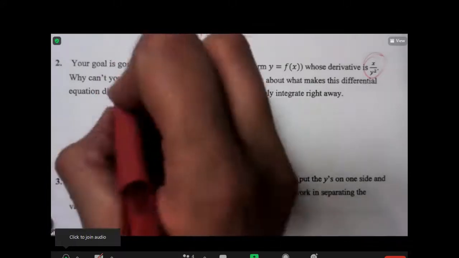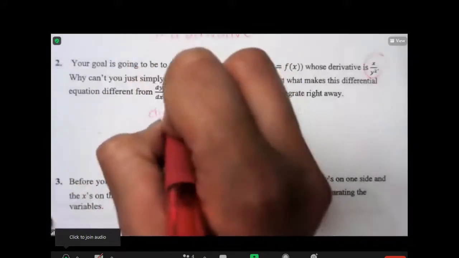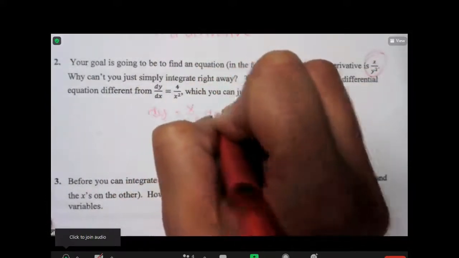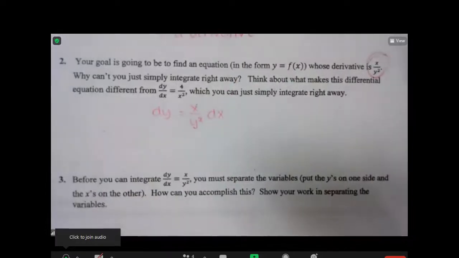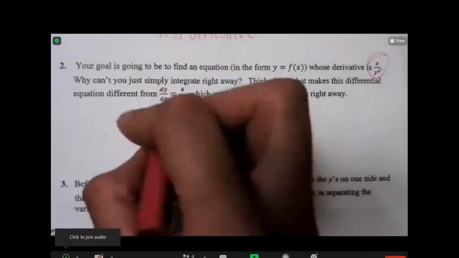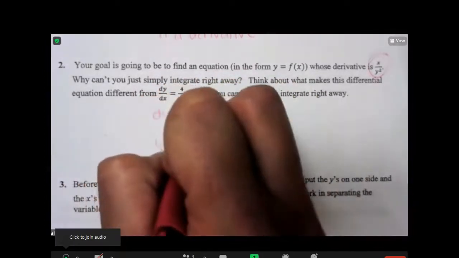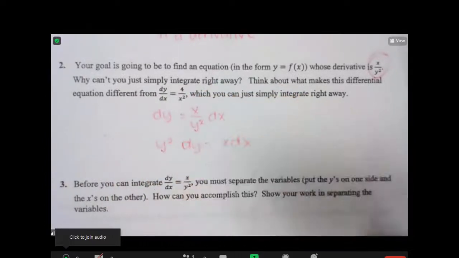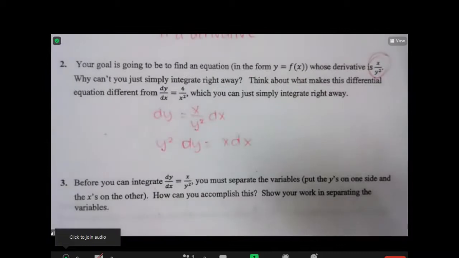So we're going to say dy equals x over y squared dx. And that still isn't integratable because the y squared's with the dx's. So you multiply both sides by y squared, and you have y squared dy equals x dx.